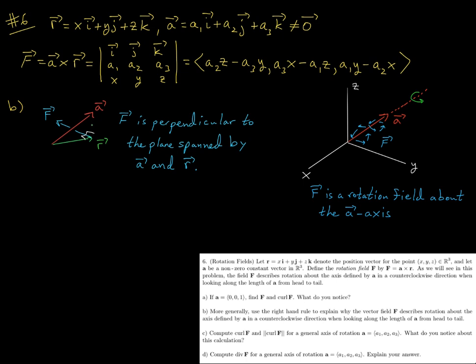As we move along this circle, these blue vectors are tangent to the circle at each point.